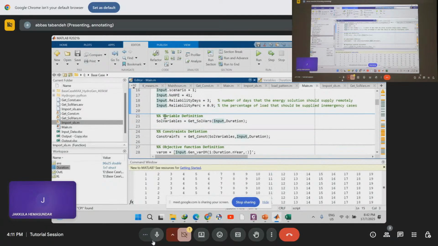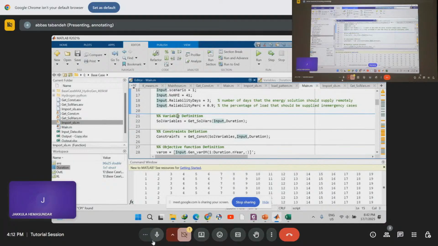So next step in this toolbox, we need to define all variables, and not all variables such as total cost, but only decision variables, because we can calculate costs if we have decision variables.